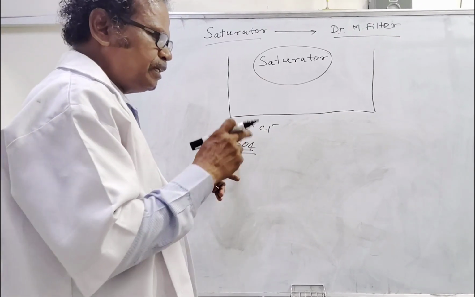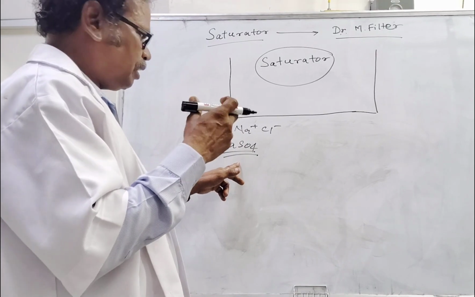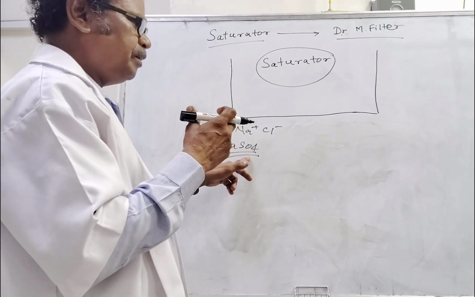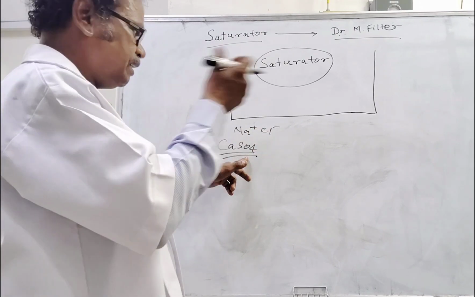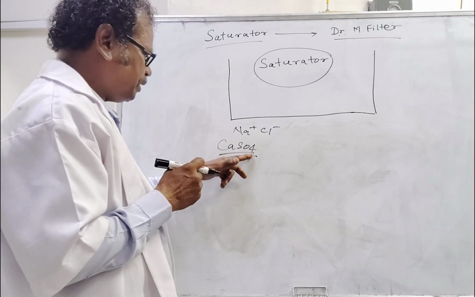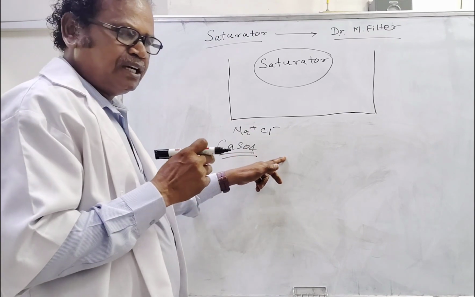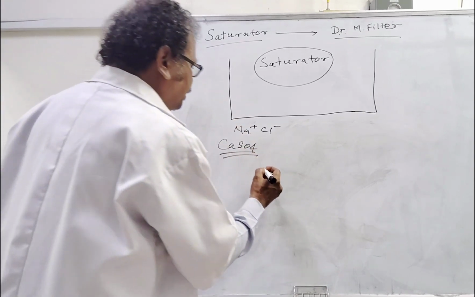So the Ksp value of calcium sulfate goes down when temperature increases. So there is a precipitation of calcium sulfate in the saturator. It is called clogging deposit.